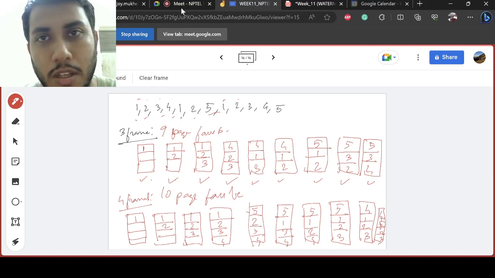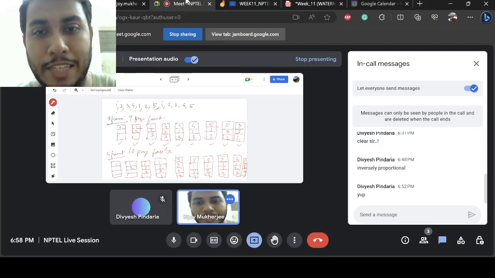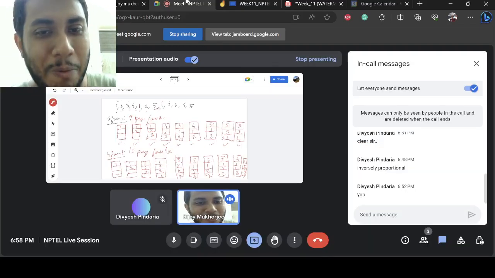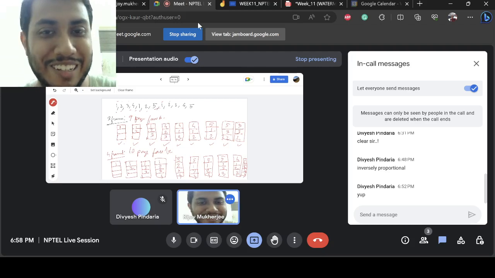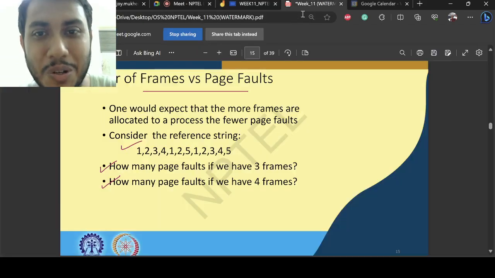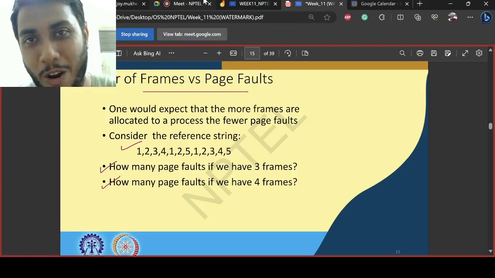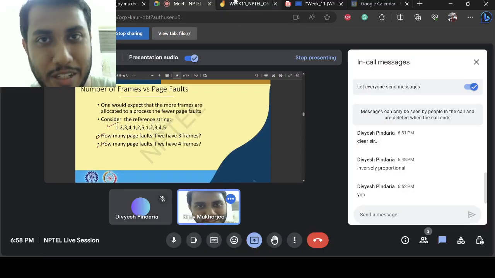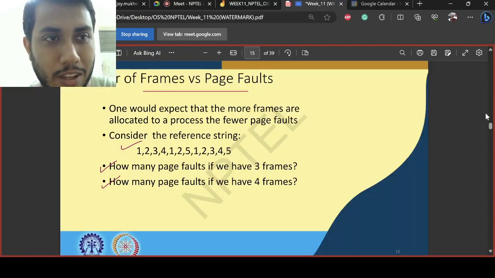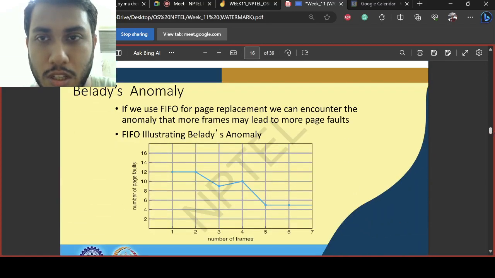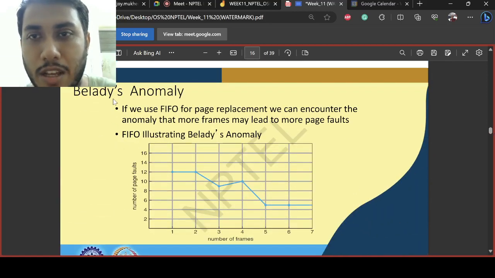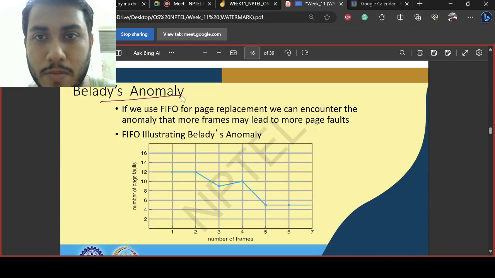So that means by increasing the number of pages, we are getting more page faults, right? So that is a problem of this FIFO allocation. This is called basically your Belady's anomaly.